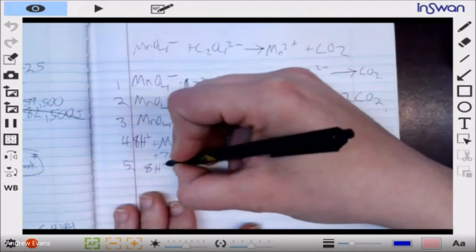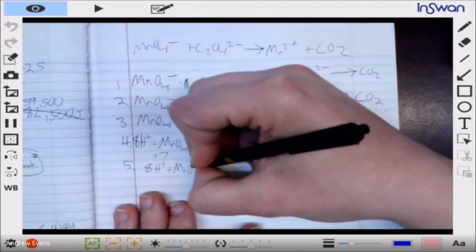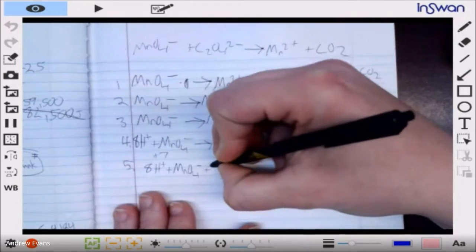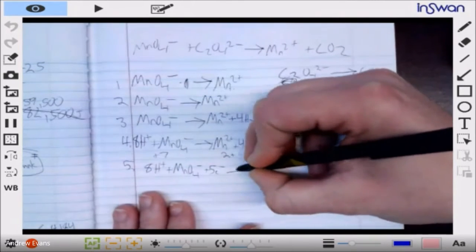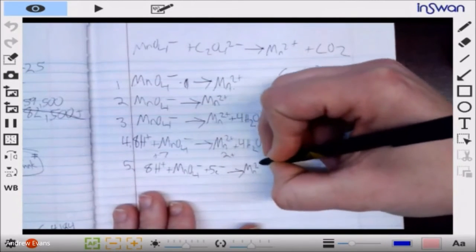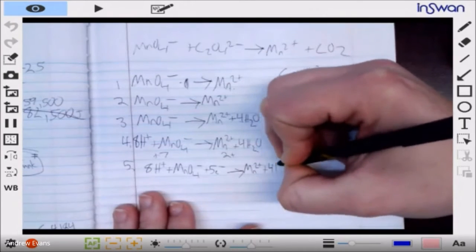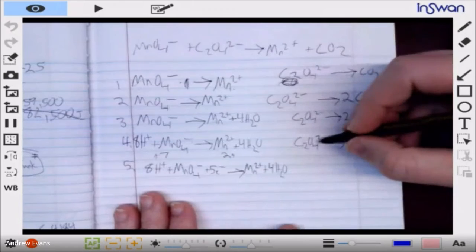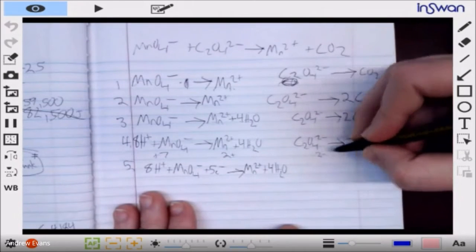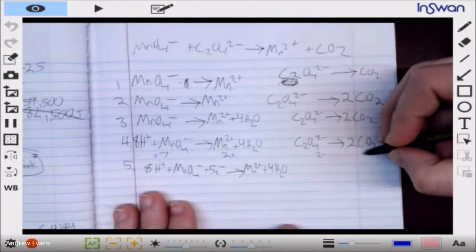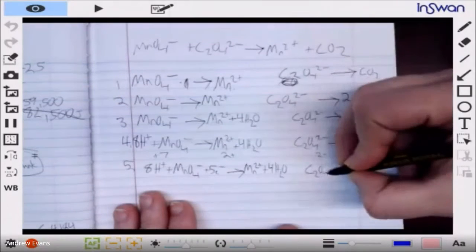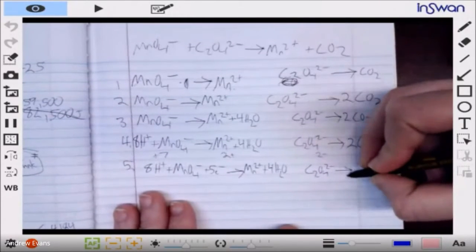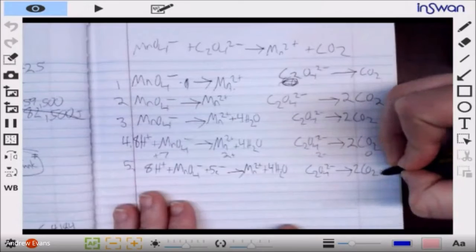So 8 H+, MnO4 minus plus 5 electrons goes to Mn2+ and 4 waters. This guy is 2 minus. This guy is 0. So we're going to have to add 2 electrons to the right.